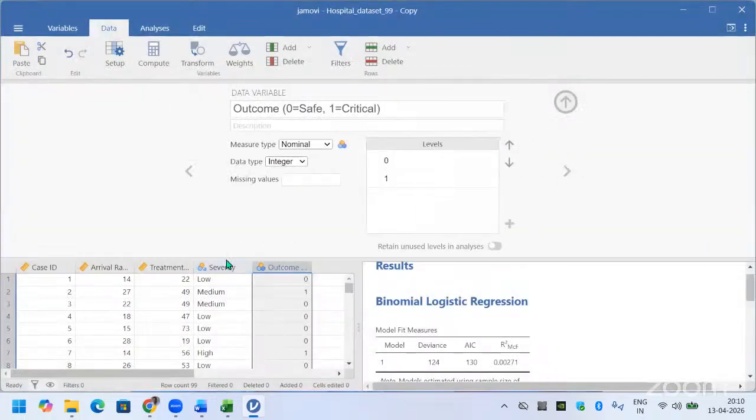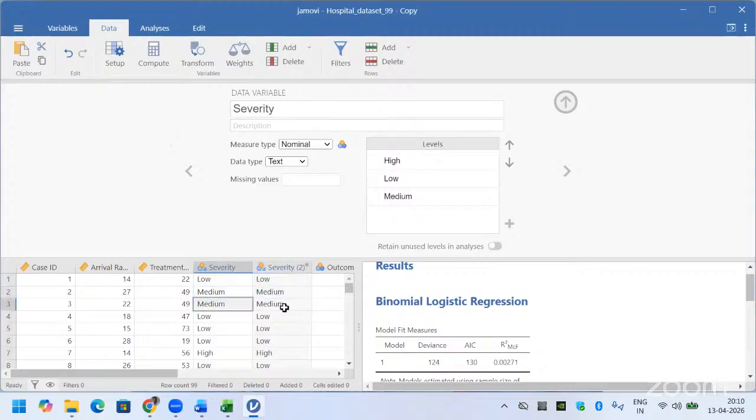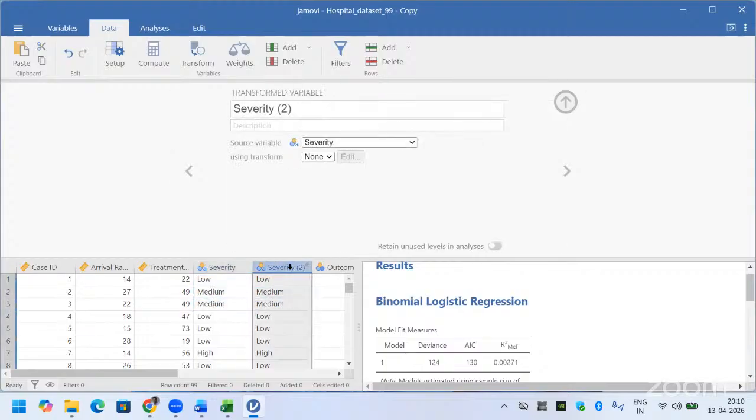I have placed my cursor on severity and I am going to click Transform. Once I click Transform, Jamovi automatically creates a variable here, a completely copy of that one: low, low, medium, medium, medium, medium. So Severity 2 is a complete mirror image or copy of this one.